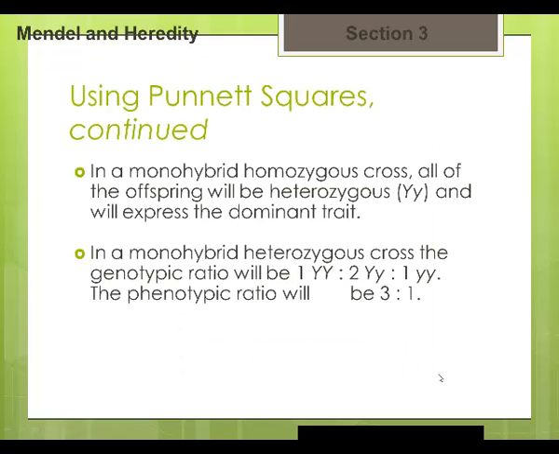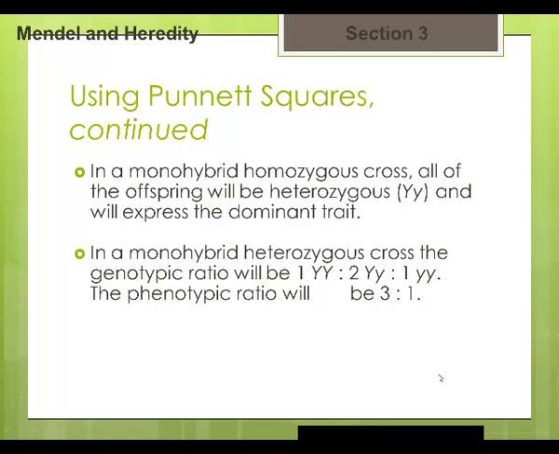So, using Punnett squares, in a monohybrid homozygous cross, all of the offspring will be heterozygous. They will be uppercase and then a lowercase letter. So in this case, looking back at what we talked about yesterday as far as pea color, we saw where the uppercase Y represented yellow, the lowercase y represented green.